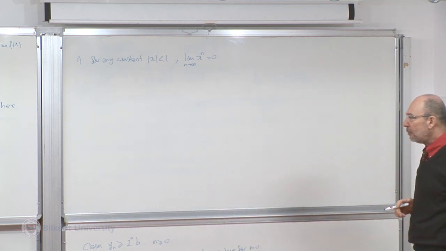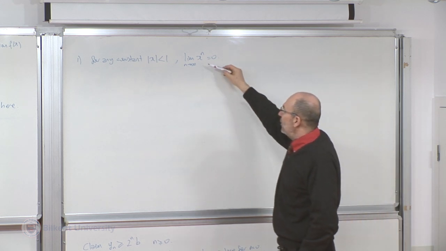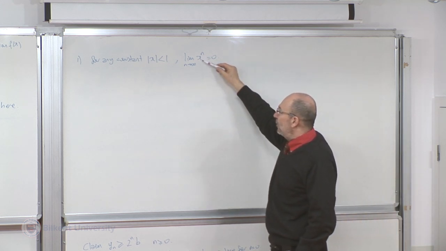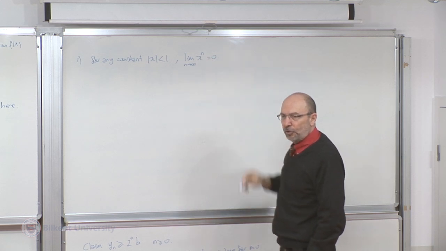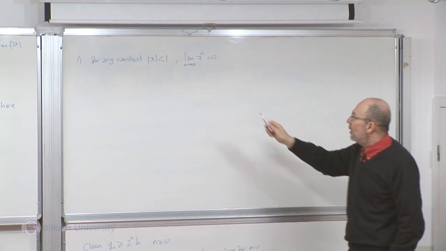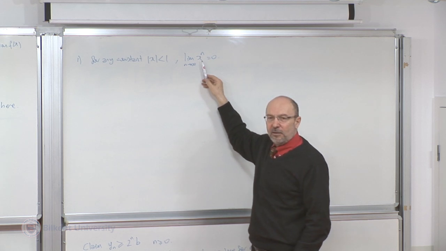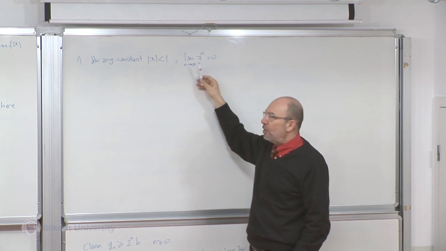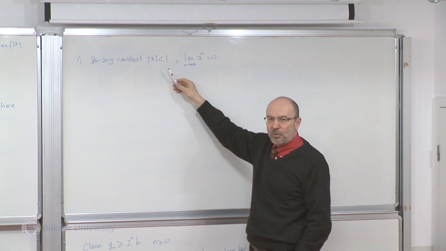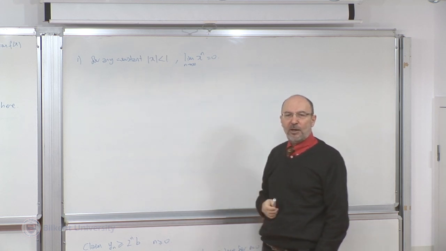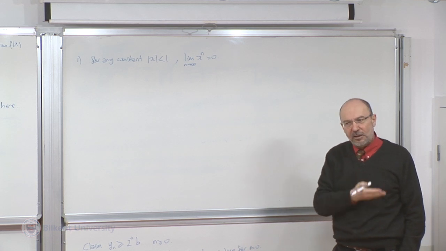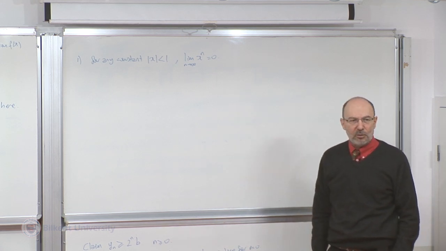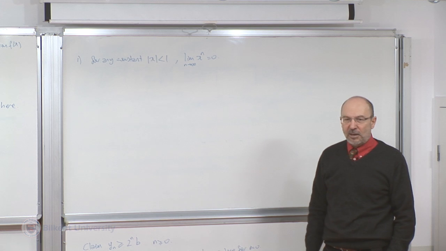Well, this is easy because you keep multiplying x by something smaller than 1, and it's not difficult to show that it goes to 0. If x is equal to 1, then the limit is 1. That's also trivial. If x equals minus 1, then it oscillates between plus and minus 1. So it has a subsequence that converges to 1, another subsequence that converges to minus 1. So the limit does not exist.